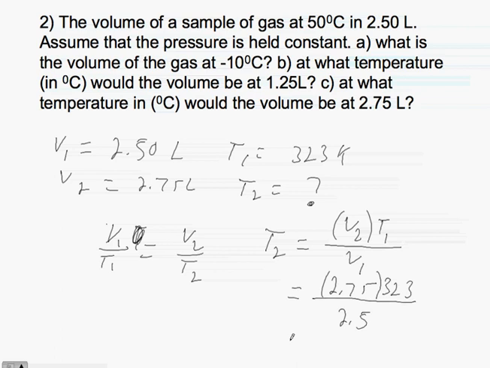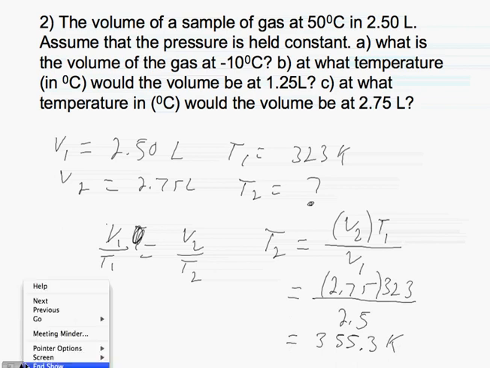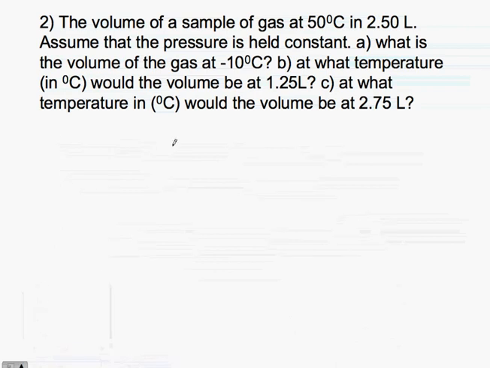When we solve this, we have 355.3 Kelvin, and the answer is asked to be in degrees Celsius. Kelvin is equal to degrees Celsius plus 273, so degrees Celsius is equal to Kelvin minus 273.